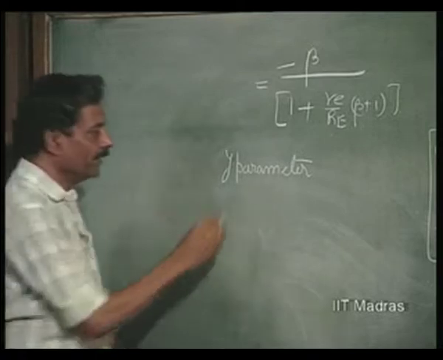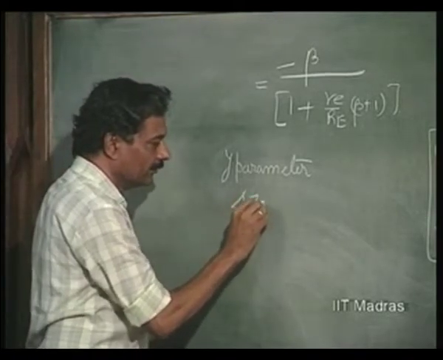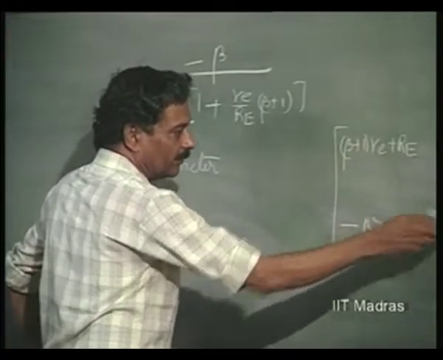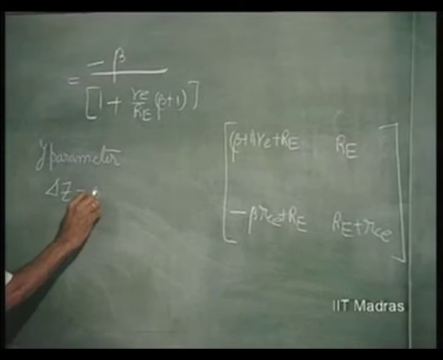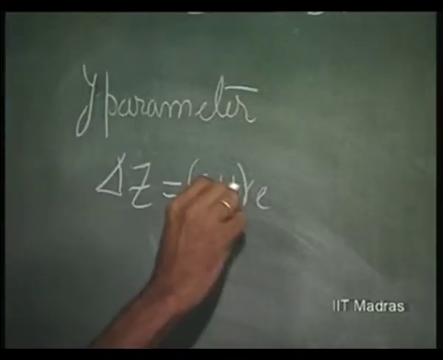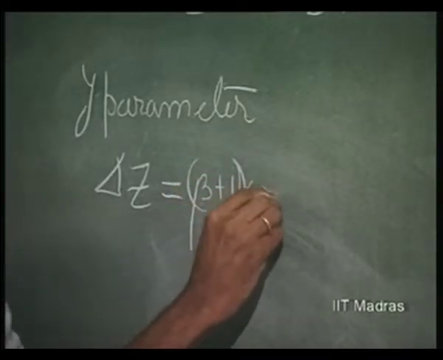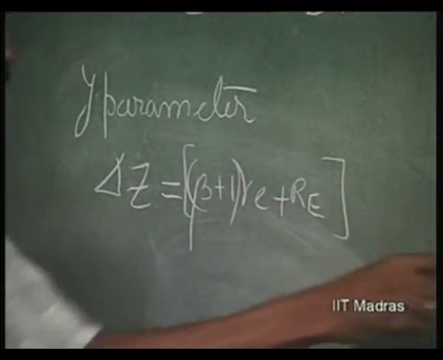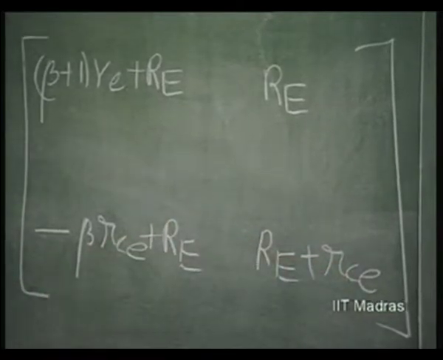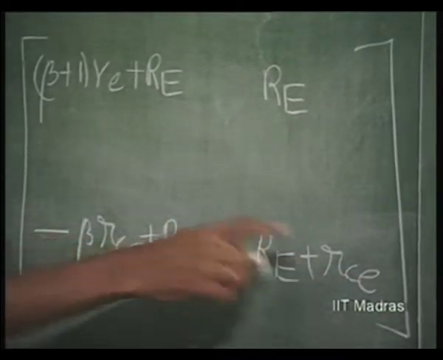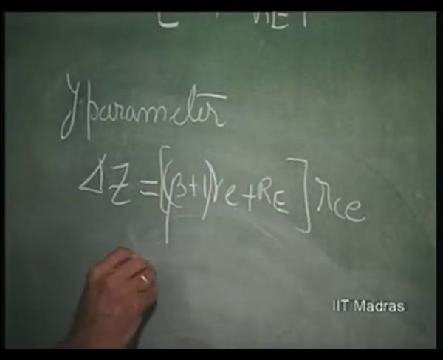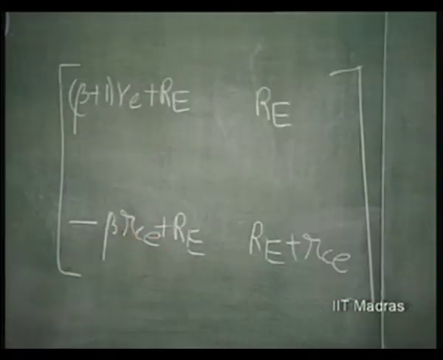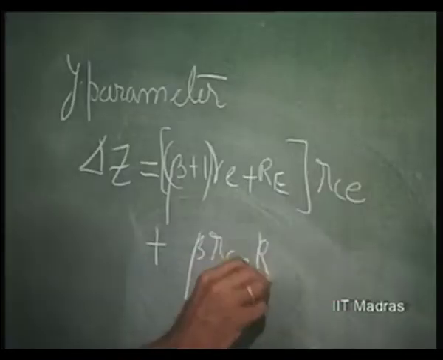Okay, by finding out delta Z, it is equal to this into this minus this into this, that is beta plus 1 times Re plus Re into, I will neglect this, RCA, okay, plus Re, I will make it RC itself, plus beta RCA, I am neglecting this, into Re.